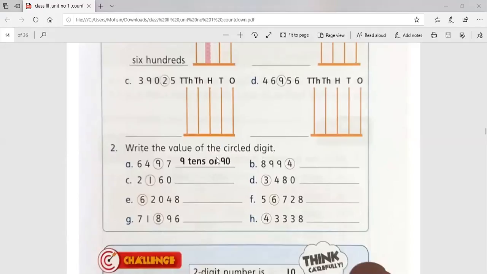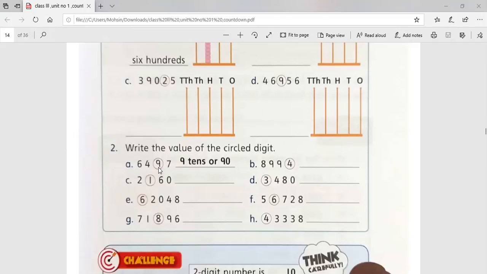Now we have to find where this circled digit is standing. What is its place value? We have to write it in digits.